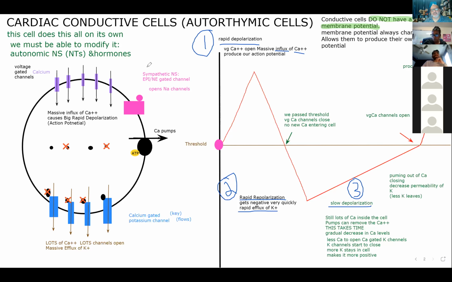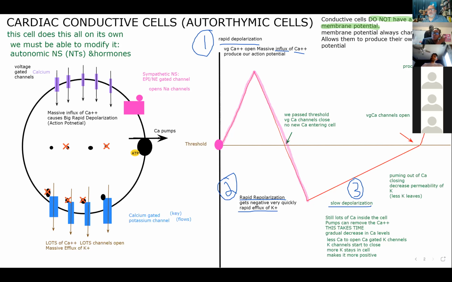Not a trick question. Is it going to affect how much calcium comes in? No. So notice our rapid depolarization is going to be the same. We're going to get the same amount of calcium coming in, which means we're going to allow the same amount of potassium to leave. So as a result, my rapid repolarization stays the same as well.